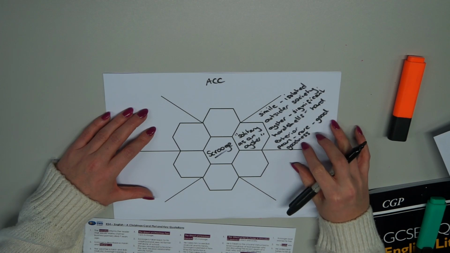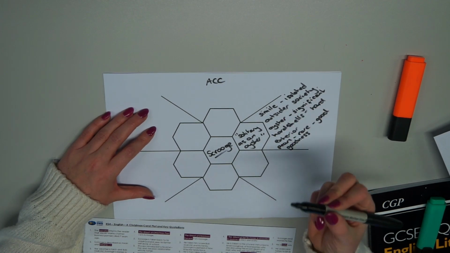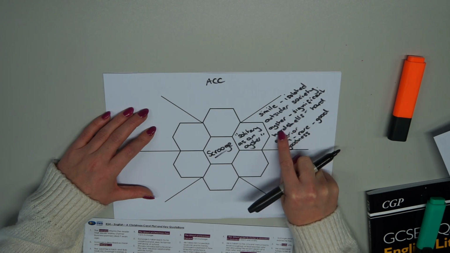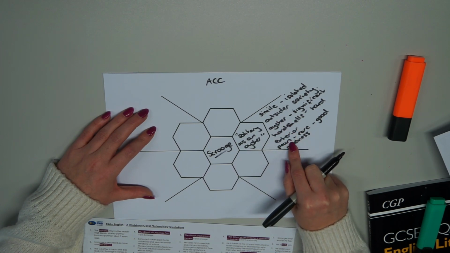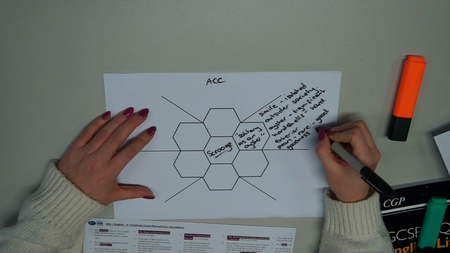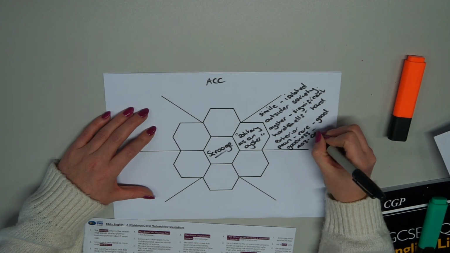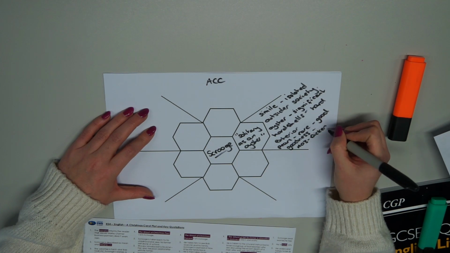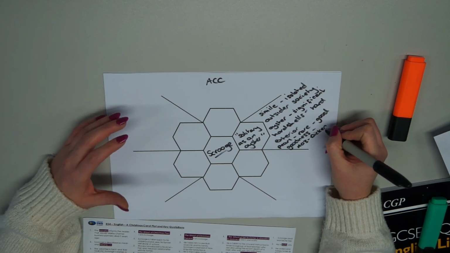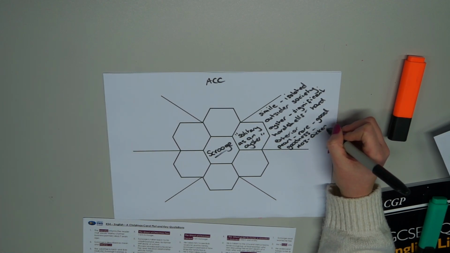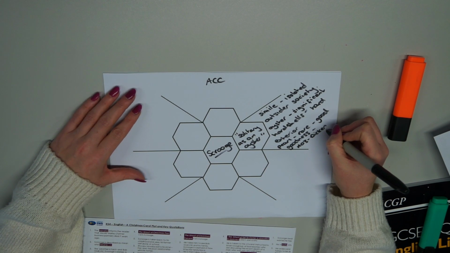Now I'm not going to continue here because I'm obviously writing in quite a bold pen. In yours you will write much smaller so that there's lots more information that you can fit here. But what we might comment on is also making our link to AO3, and perhaps Dickens is sort of criticising that rarity. It was rare for people to have this goodness and this generosity within them in such a sort of capitalist society of Victorian England.